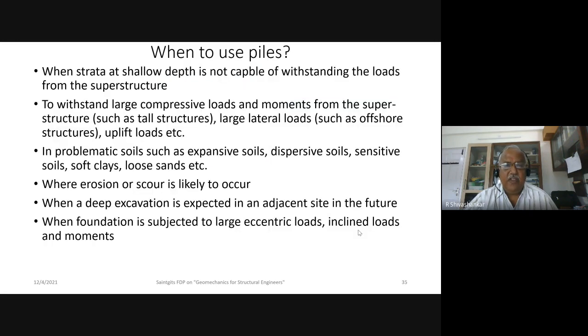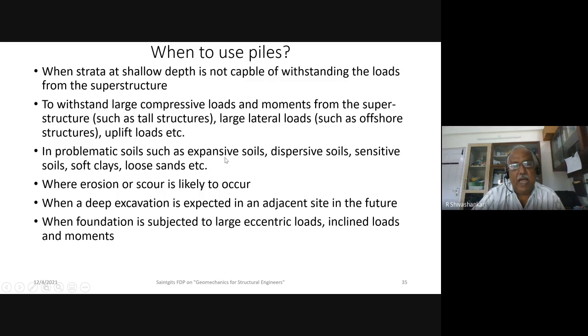So we use piles when the loads are very large. When I say loads, I mean all the vertical loads, compression and uplift loads, lateral loads, which are wind and earthquake. And also whenever the soils are problematic, as I told you, we have a lot of sensitive soils, loose soils, and also expansive soils.